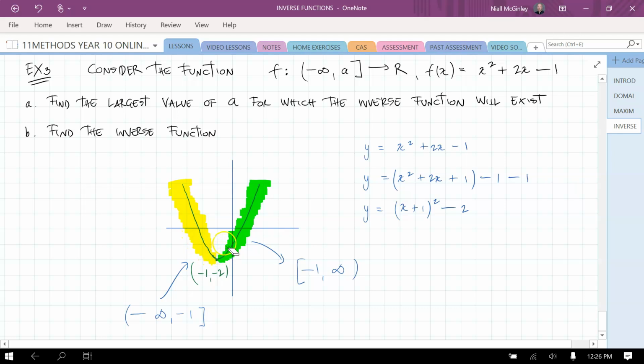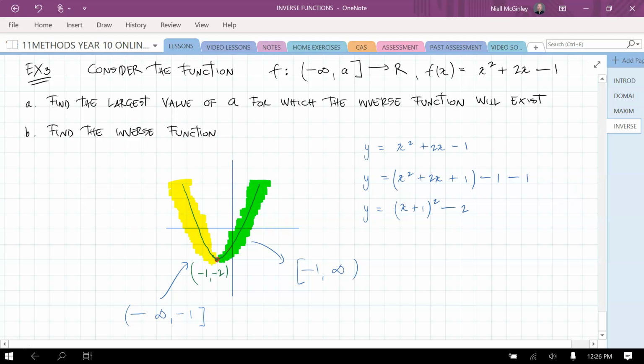Anything bigger than negative 1, if you came up here and cut it at 0, that wouldn't be a one-to-one function, because you would have this part here and I could put a line through that, and it wouldn't be one-to-one. So the largest a value that you could have here would be -1.